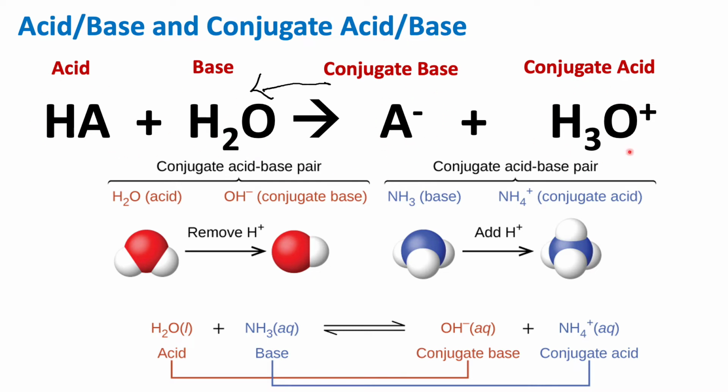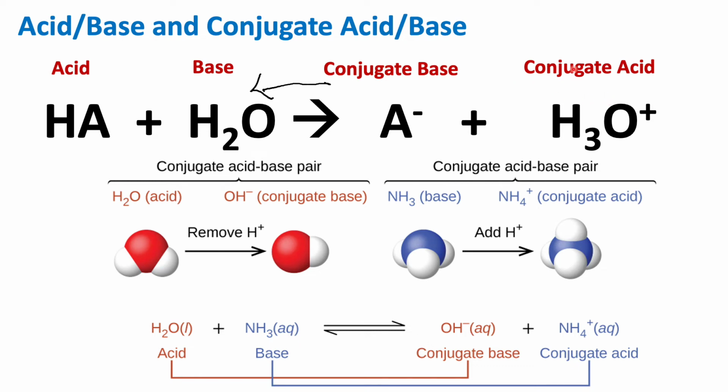So this hydronium is actually going to give up an H+. If it's giving up an H+, that means it's giving up a proton, which means it's an acid. So when the hydronium gives up that proton to A-, and A- then becomes HA, our A- is our base, and our hydronium is our acid.